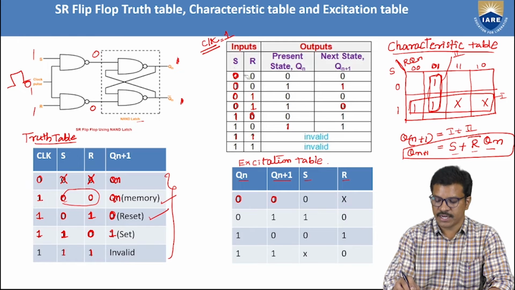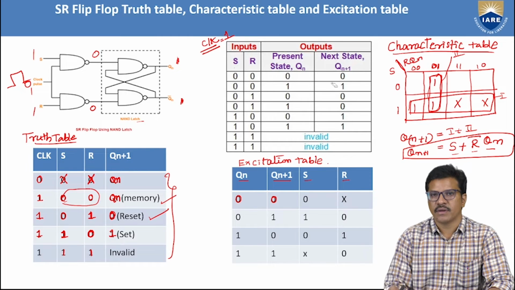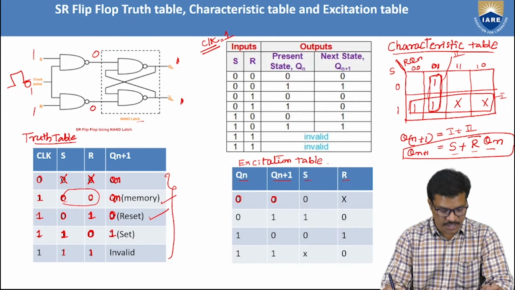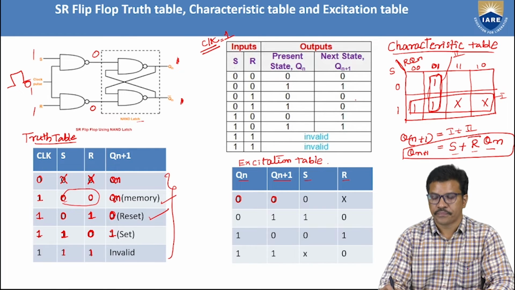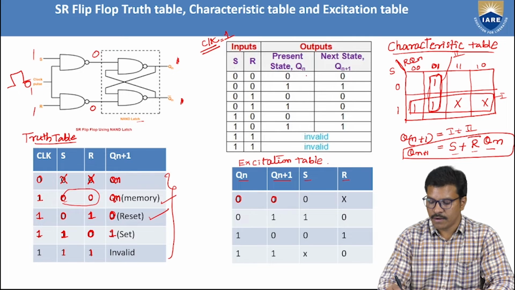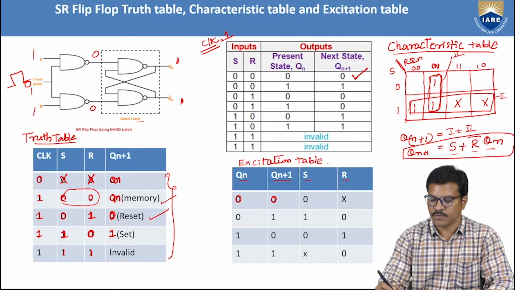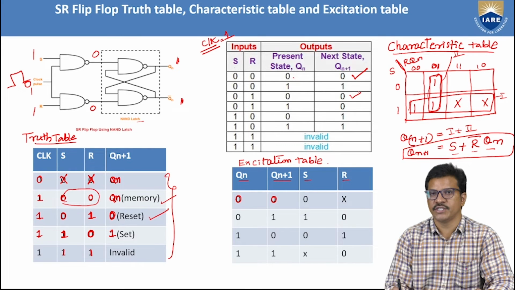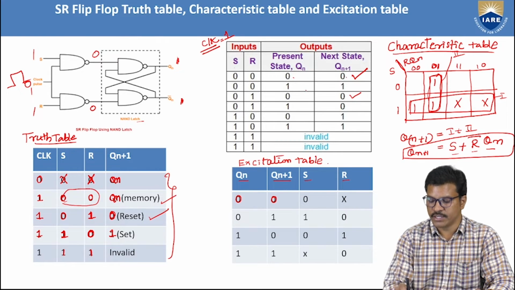If you see this excitation table, what is the combination for present state 0 and next state 0 in the table? So here, this is one case, present state 0, next state 0. This is another case, present state 0, next state 0. At what combinations of inputs S and R will we get 0, 0?